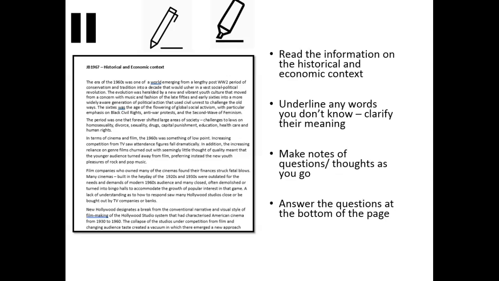I'd like you to think about this as you go through. If there are any words that you don't know, try to pick them out to clarify their meaning. Make some notes, write down questions that you might have, tracking your thought process as you go. And finally, when you've read through, there are some questions to answer at the bottom of the page to consolidate your understanding.